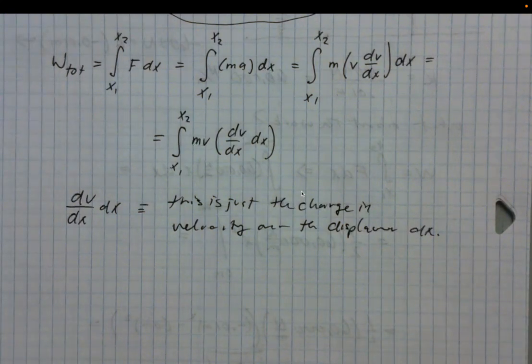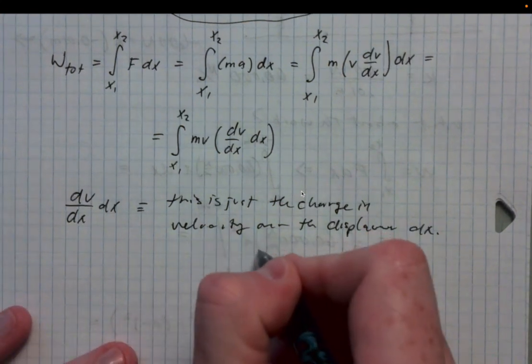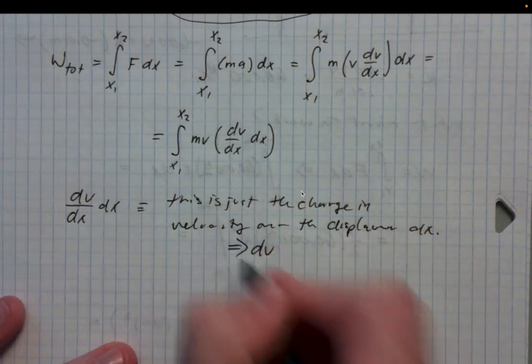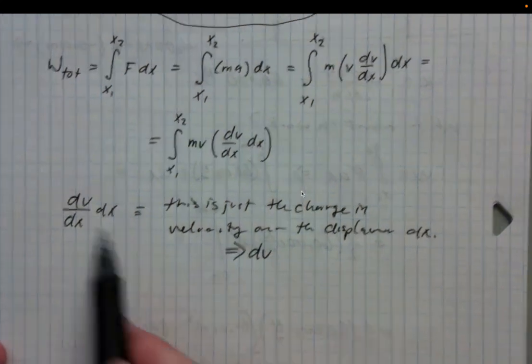So what's another way to denote it? Well, it's dv, and so this is just dv.